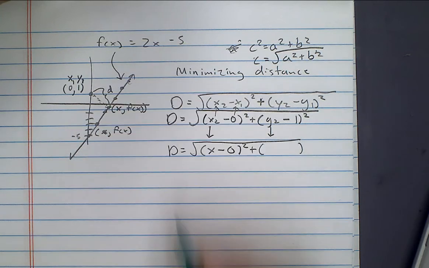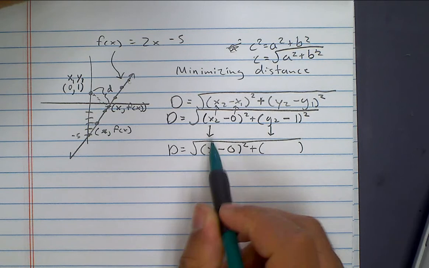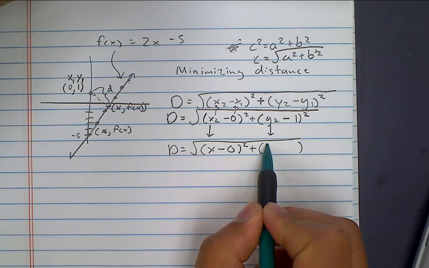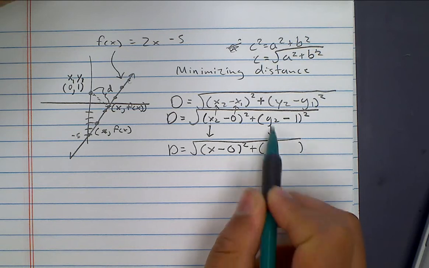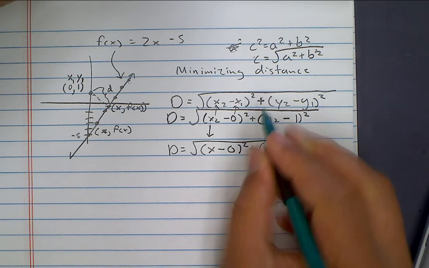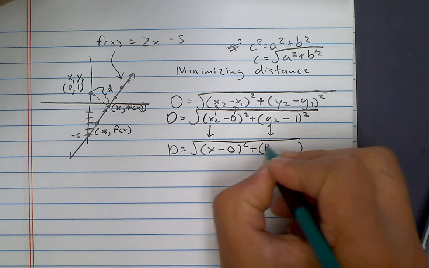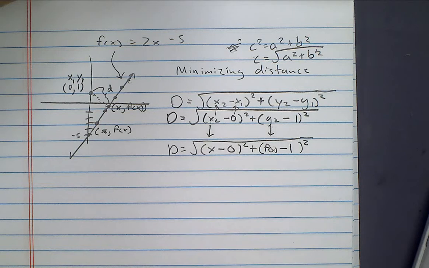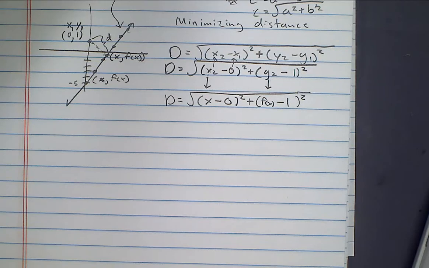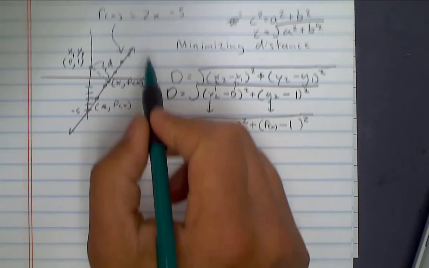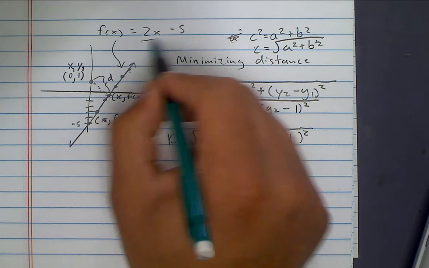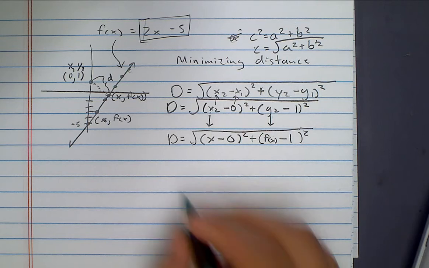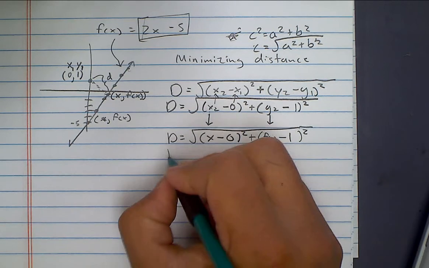So we can do f of x for y2. But what is f of x? There's an equation for it right here, so we can write f of x in terms of x.